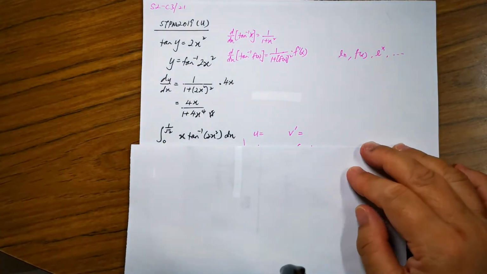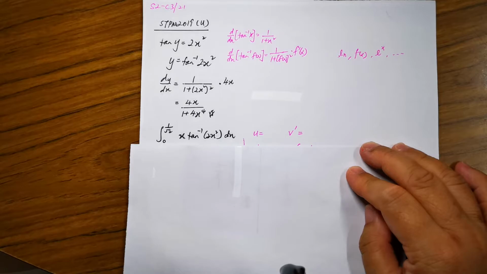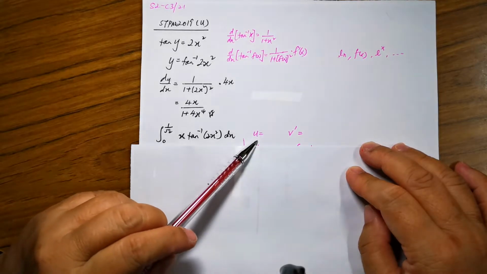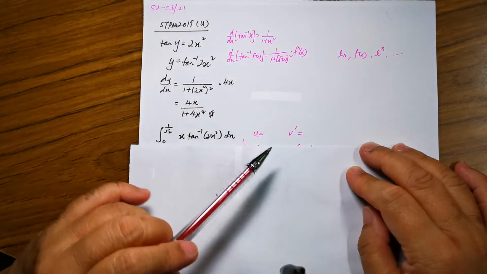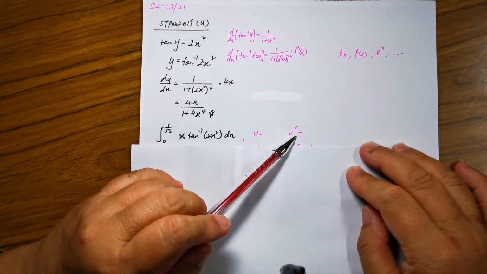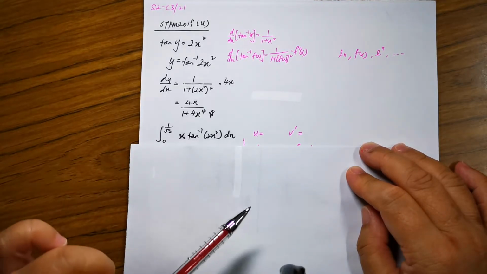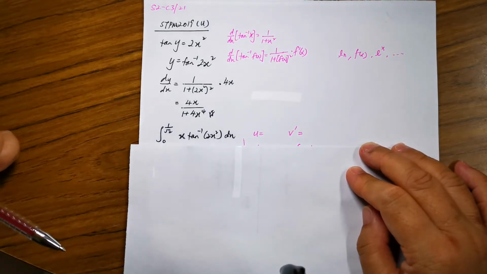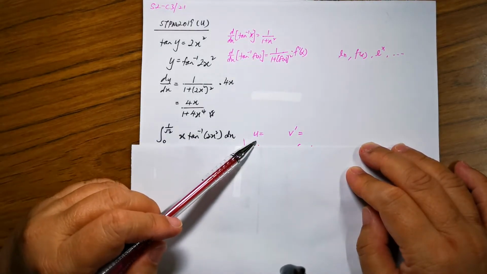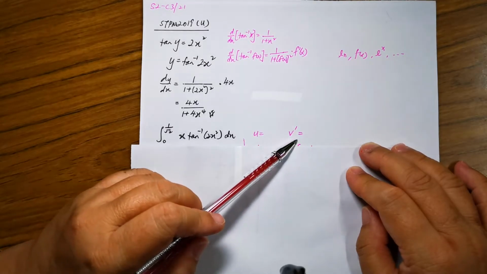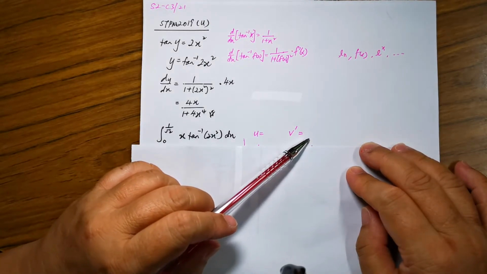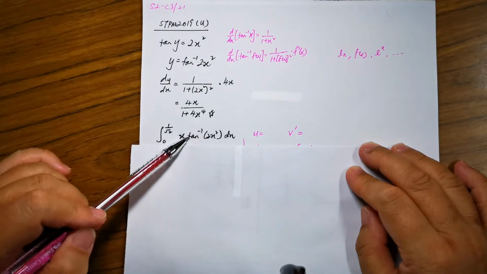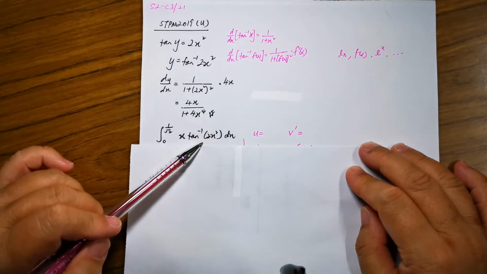But yet, we follow what condition? We follow the condition: u must be a function that you can differentiate, and v prime must be a function that you can integrate. Remember, this is the main concept. So you cannot choose this one as v prime because you cannot integrate this.